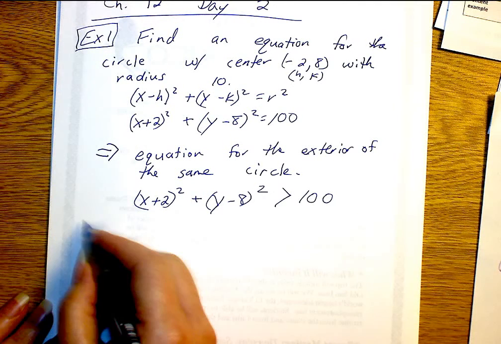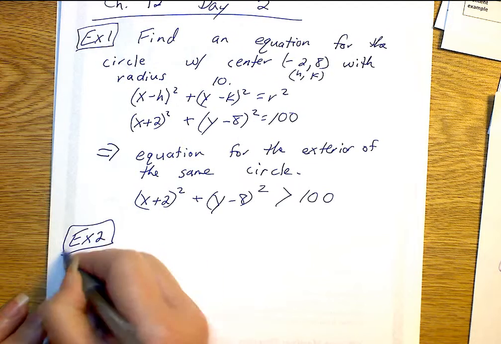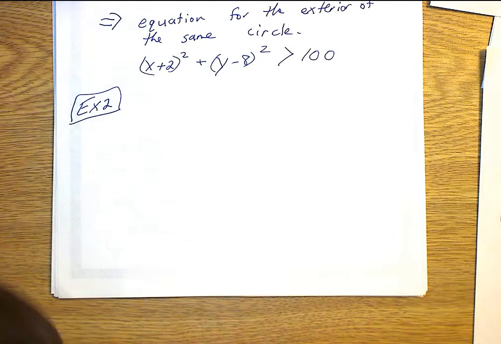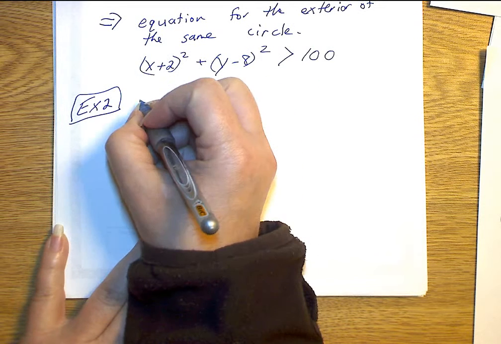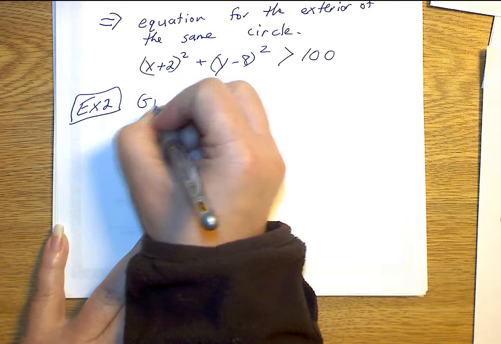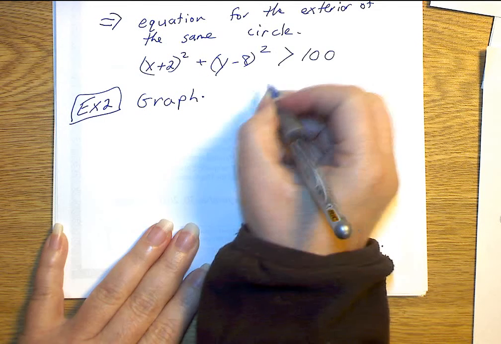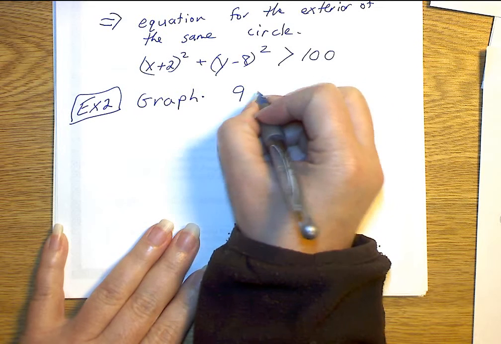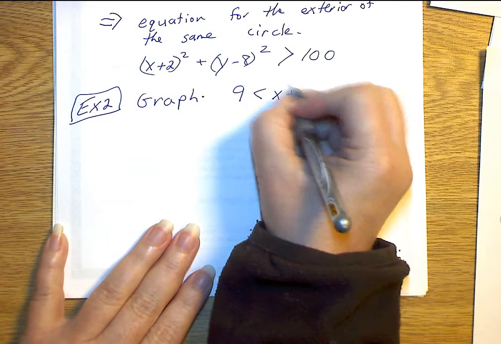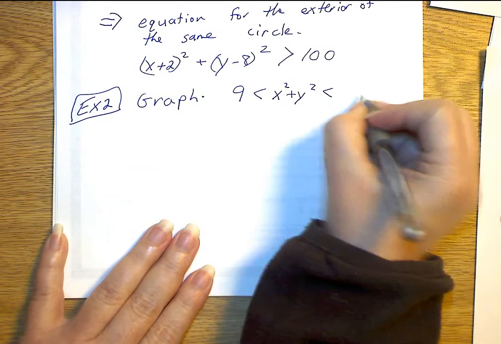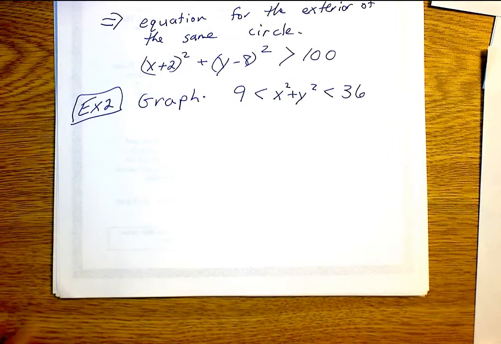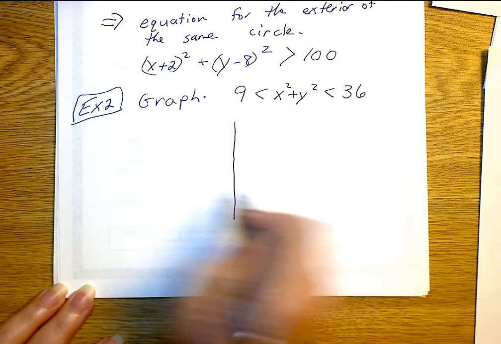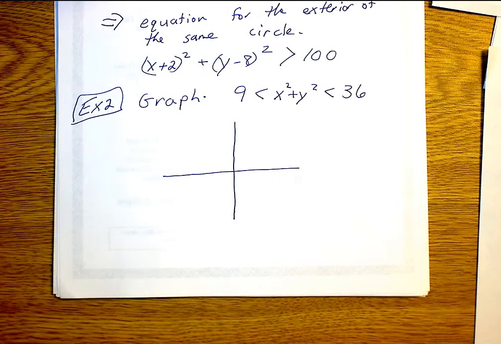All right, example 2. I'm going to graph 9 is less than x squared plus y squared is less than 36. First of all, hopefully you all realize that it's still a circle.